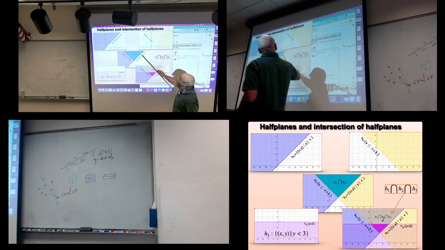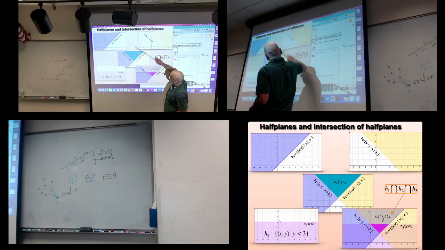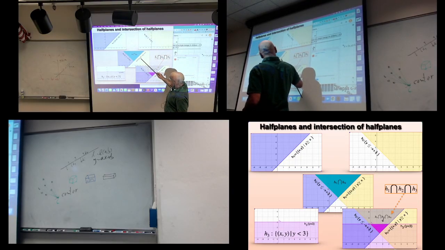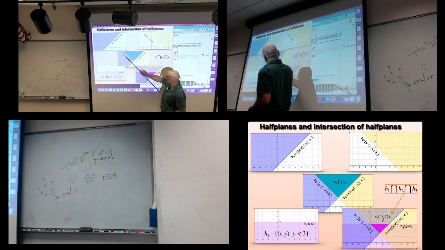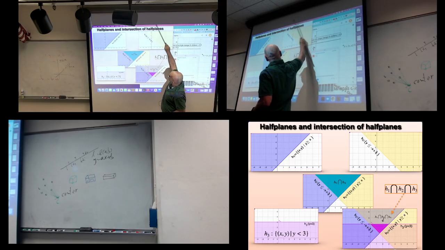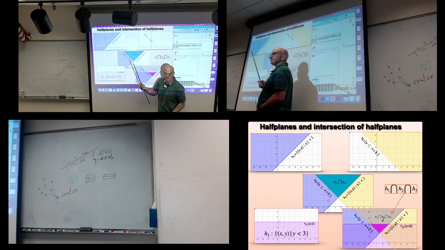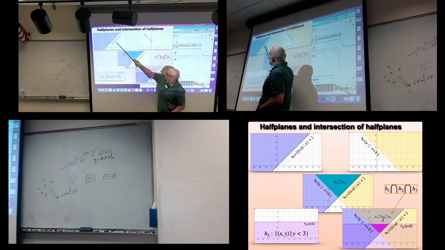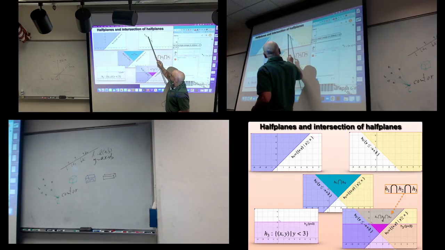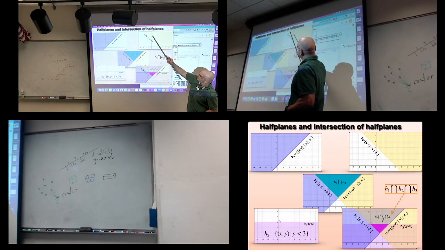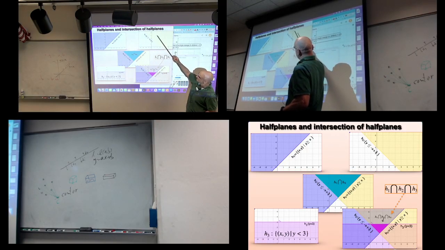And here is one such half plane, all the xy such that y is larger than x. Here is another half plane, such that y is larger than minus x plus 3.